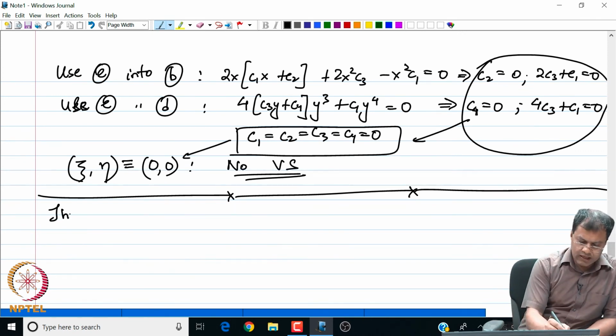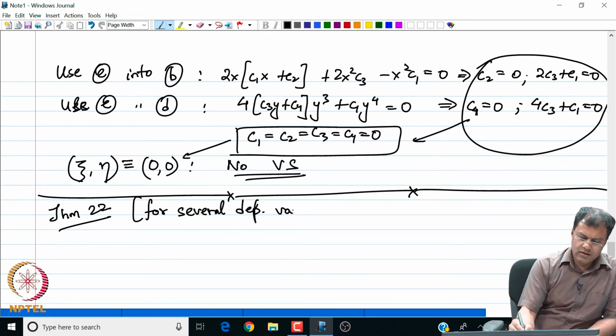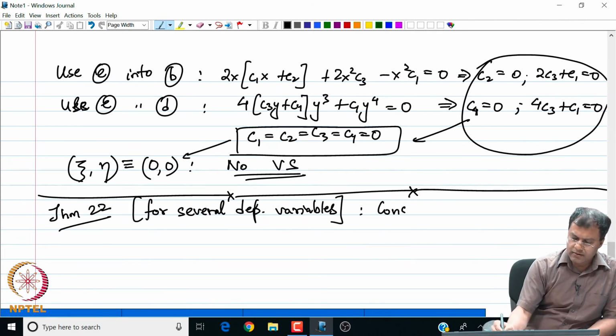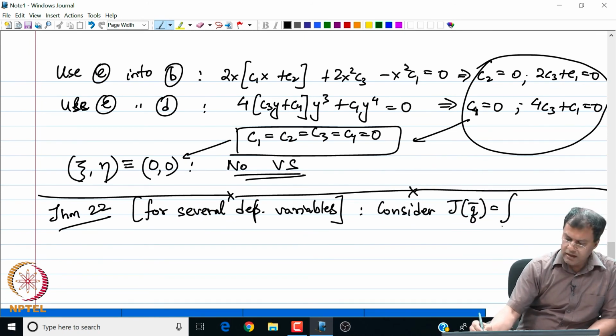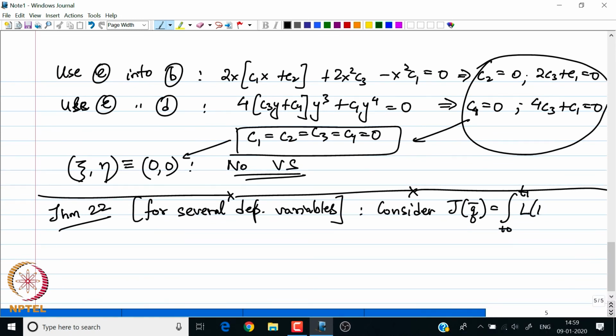Let me state another result in the form of a theorem. This is for several dependent variables. Let us consider J of q bar equals the integral from t0 to t1 of L of t comma q bar comma q bar dot dt, where q bar is q1, q2, up to qn.